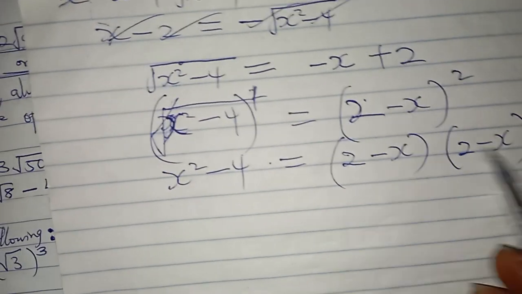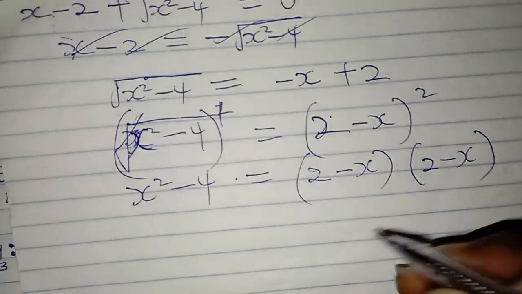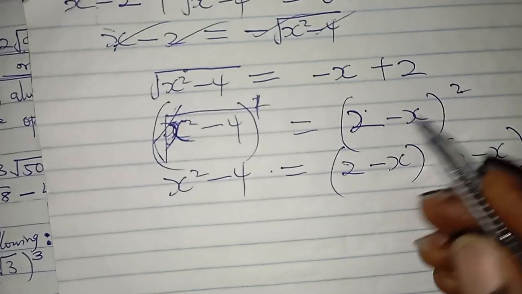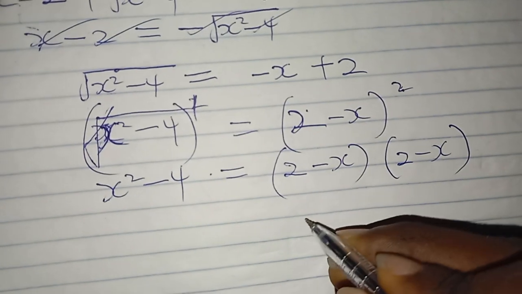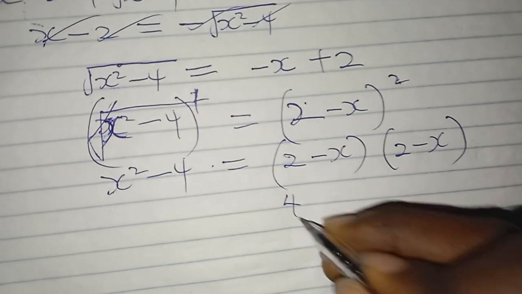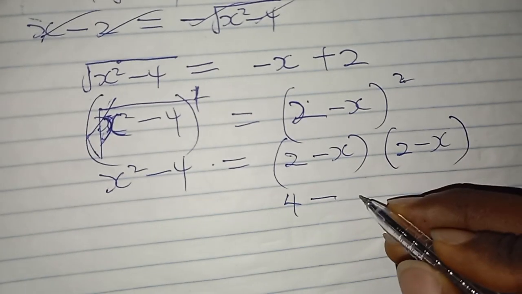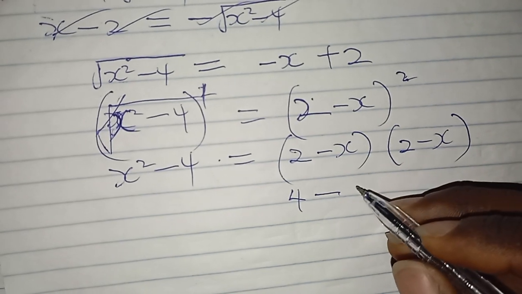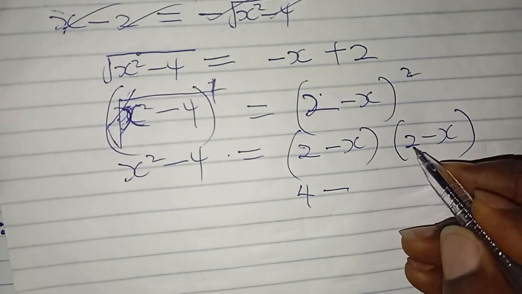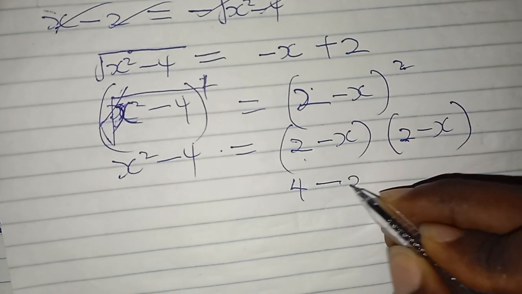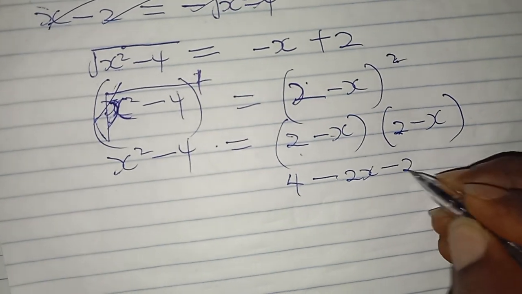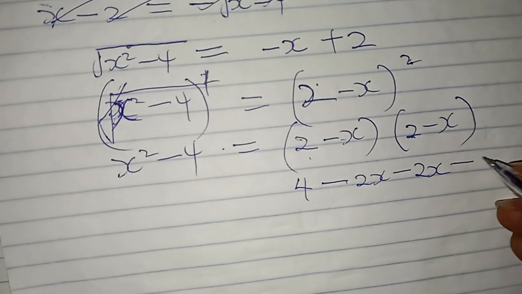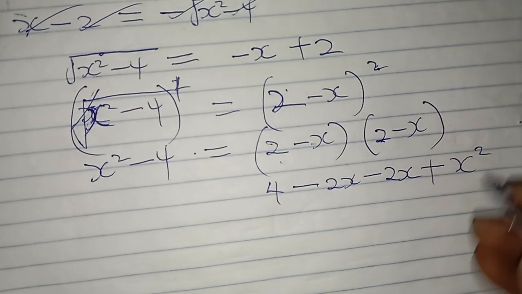Get into the habit of always doing it this way, or use the binomial theorem. Don't come and stay here doing magic on top of here. So this will now give me 4 minus 2x minus 2x plus x squared.